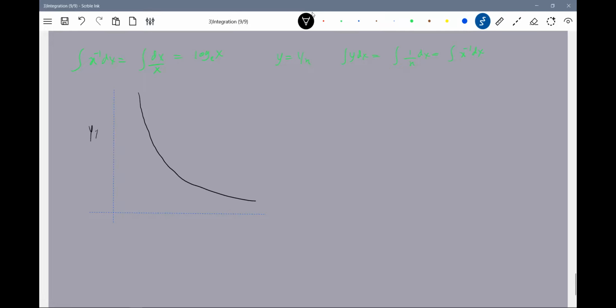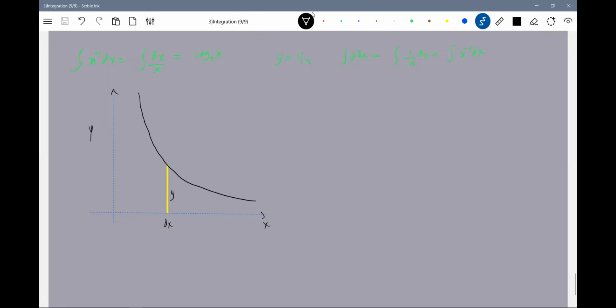This is y, this is x. So what you are suggesting is, you assume a rectangular strip of infinitesimal width, and add up all such elemental areas.